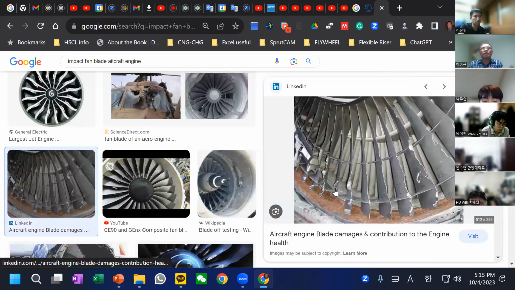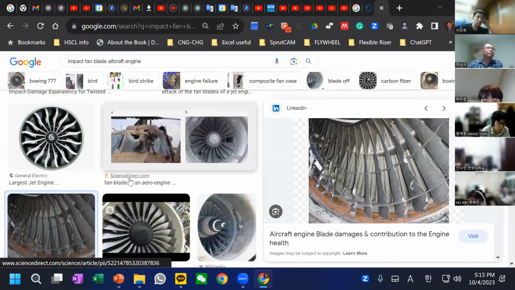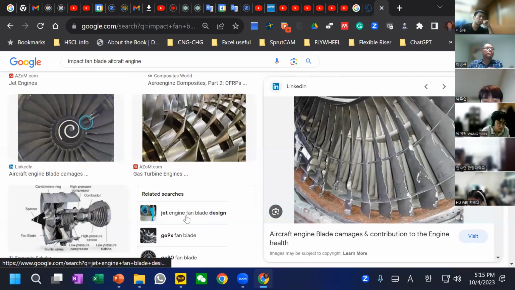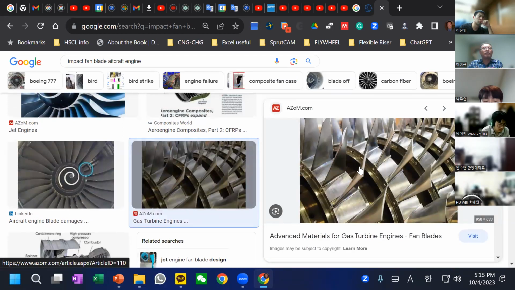While this is the worst case, aircraft engine blade damage. This is not composite, but this is a gas turbine engine. This blade also can be made of composite.